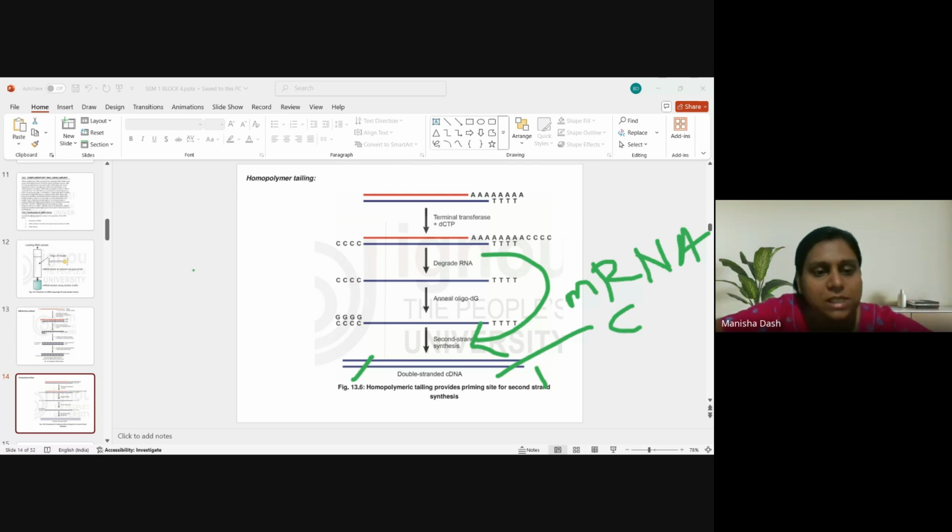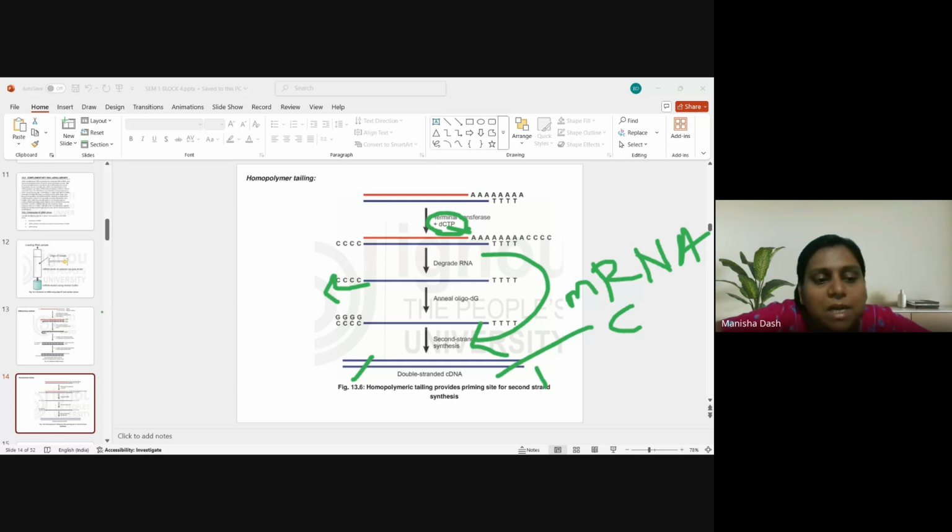So this is the terminal transferase plus dCTP. dCTP means this will be carrying the cytosine bases. As you can see, the cytosine bases are being added to one of the DNA strands. So the RNA-DNA hybrid has been constructed, and this RNA is now degraded. Since you have already extended a tail, you have created a template strand which can be used to construct a new DNA strand.